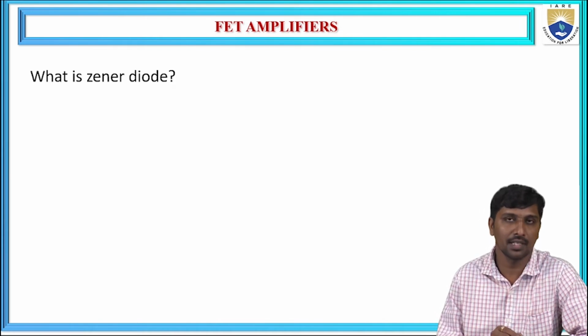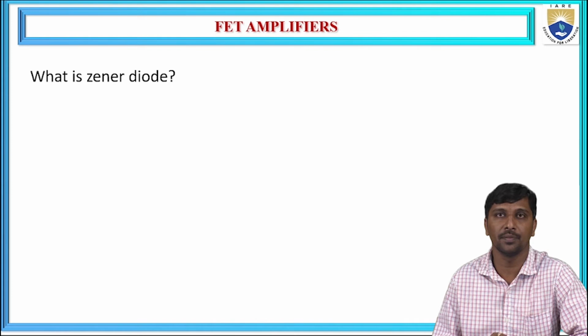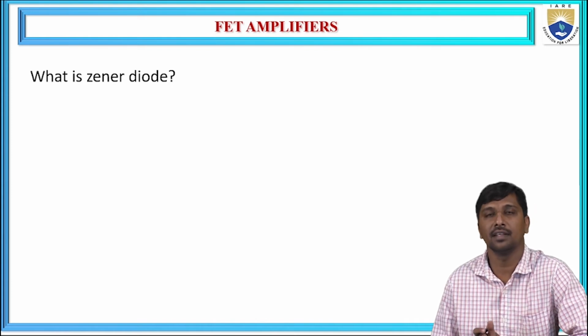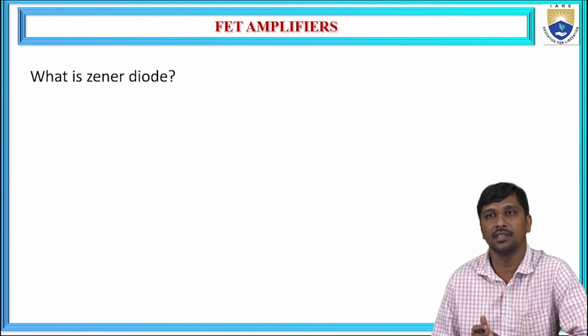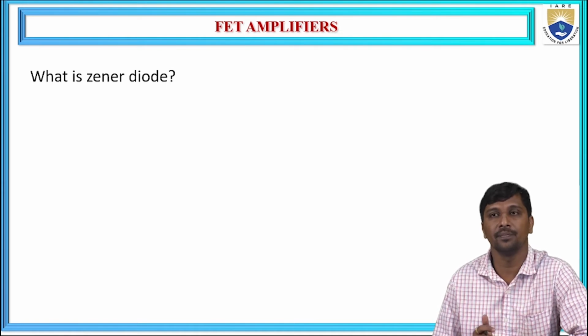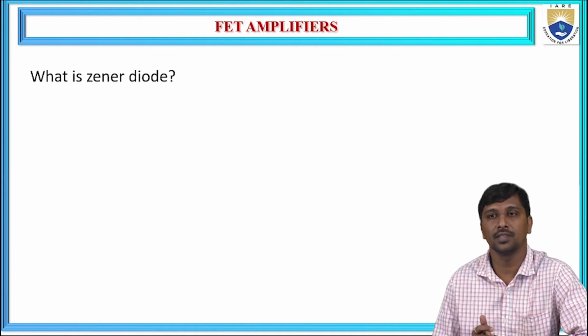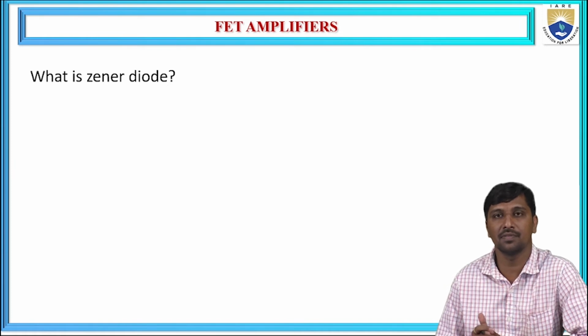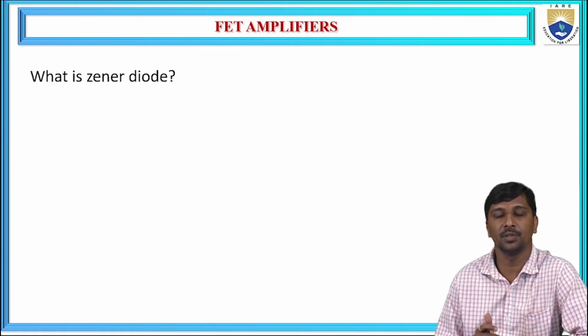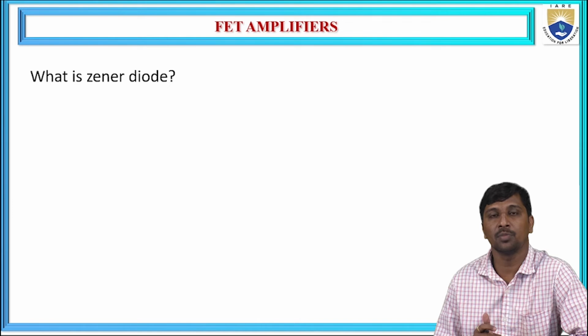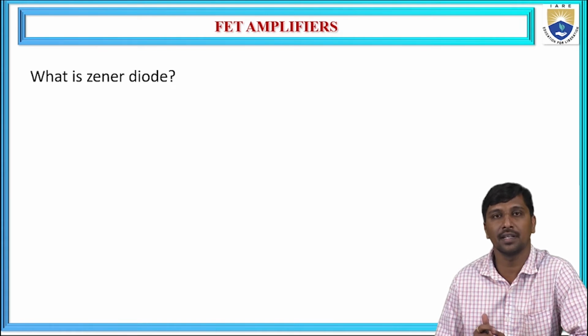So what is actually a zener diode? What is the difference between a normal diode and a zener diode? Why do we utilize the zener diode? To understand this, recall the principle of the PN junction diode and the biasing methods. The PN junction works only under forward bias, meaning it allows conduction only in forward bias.